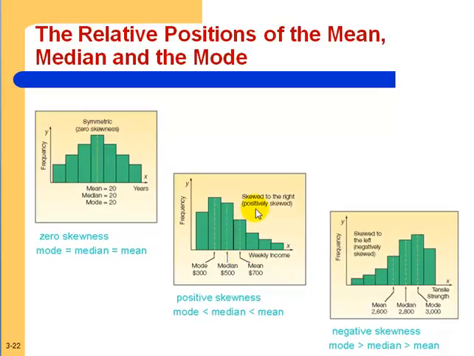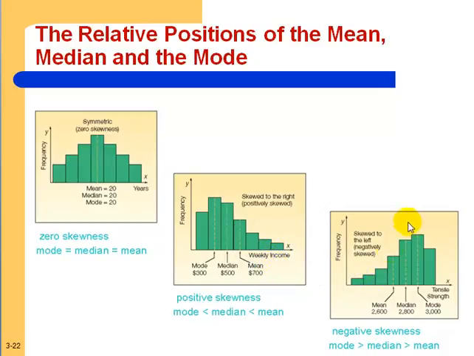We call this positively skewed. Please remember, we call this shape of distribution positively skewed. Why? When it is positively skewed, the mean is the largest, because in this situation the mean is affected by a few extremely large values.